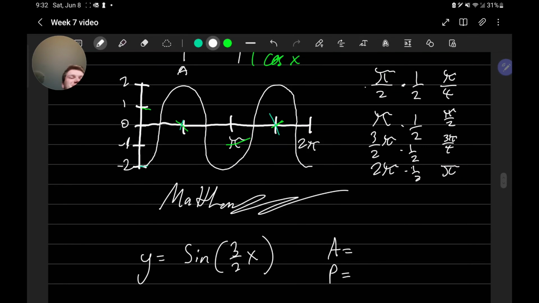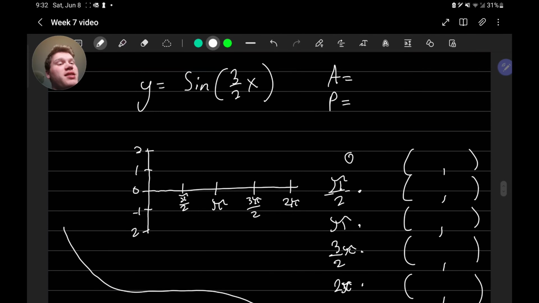That's cool. So now we're going to try a little bit more difficult one, and this will show how the multiplication and fraction kind of plays into graphing it. So here we've got just a simple sine, so that means we're just going to have an amplitude of 1, and then our period is going to be 2 over 3, or at least that's how I kind of think of it. It should actually be something else.